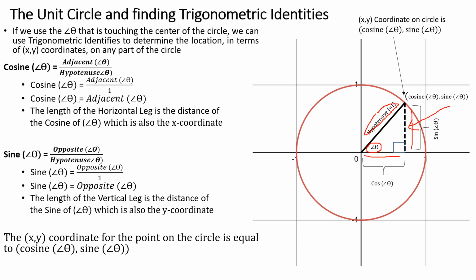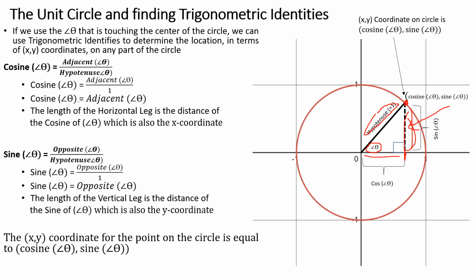Remember, cosine is adjacent over hypotenuse. So here's my adjacent line. It's the distance from the origin to the x-axis, and if that is adjacent over hypotenuse, that means the coordinate for the x-axis is the cosine. And then the opposite of this angle is this line right here, the y-axis. And remember, opposite over hypotenuse is the sine.